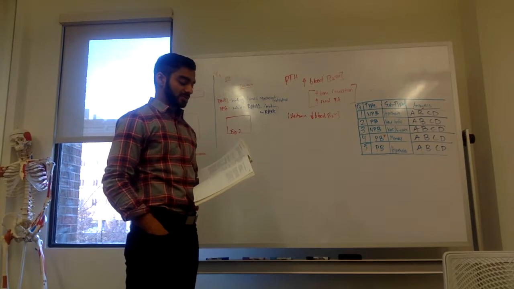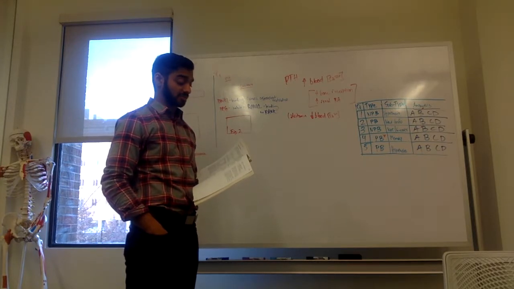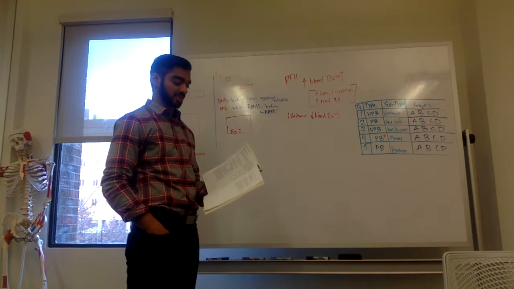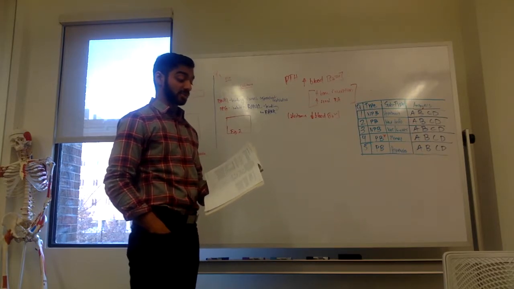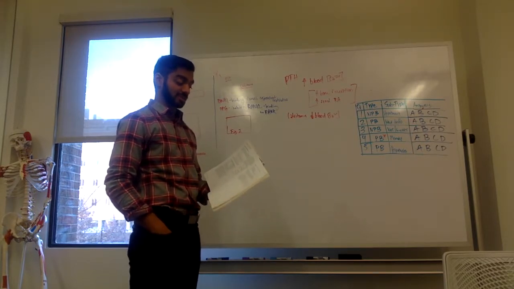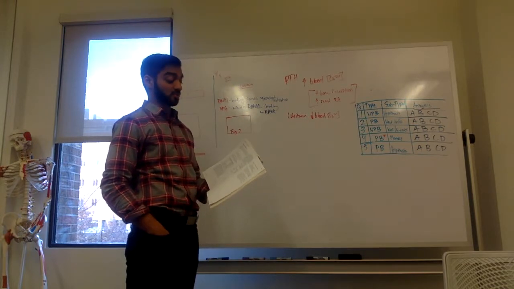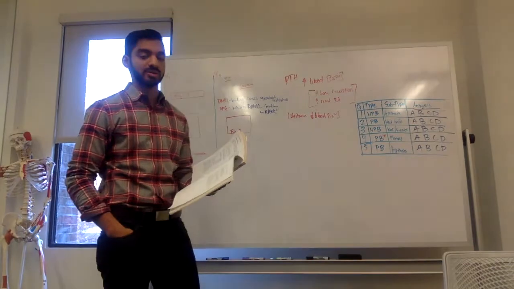A, a patient treated with high pulsatile PTH levels failed to demonstrate an increase in bone density. B, a patient treated with high pulsatile PTH demonstrates an increase in bone density as well as increased renal reabsorption of calcium. C, a patient treated with calcitonin fails to demonstrate an increase in bone density. And D, several patients treated with high pulsatile levels of PTH demonstrate varying increases in bone density.